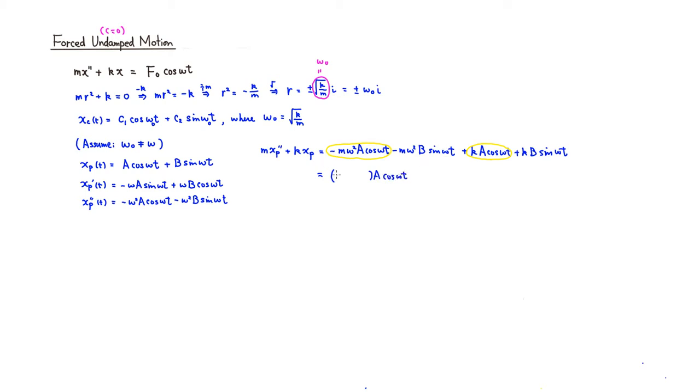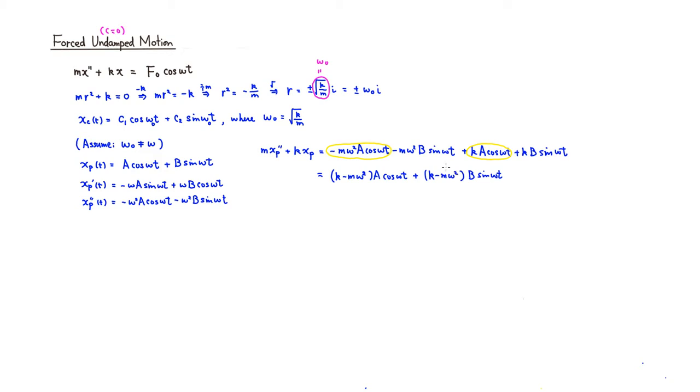Then you have k minus m omega squared, right? And then collect the sine term: you have b sine of omega t times k minus m omega squared, right?